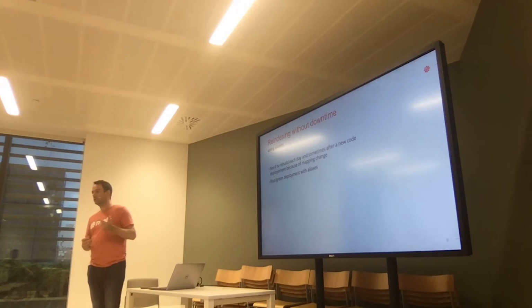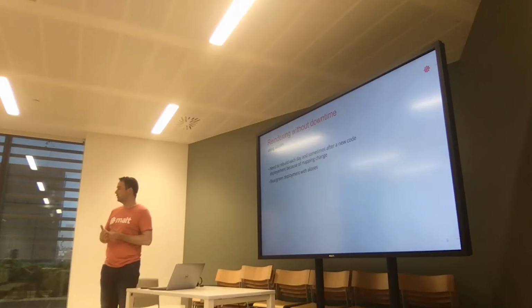We have one alias, and this index has several versions. You have the blue version and the green version. Every time you rebuild your index, you recreate, for example, the green version.